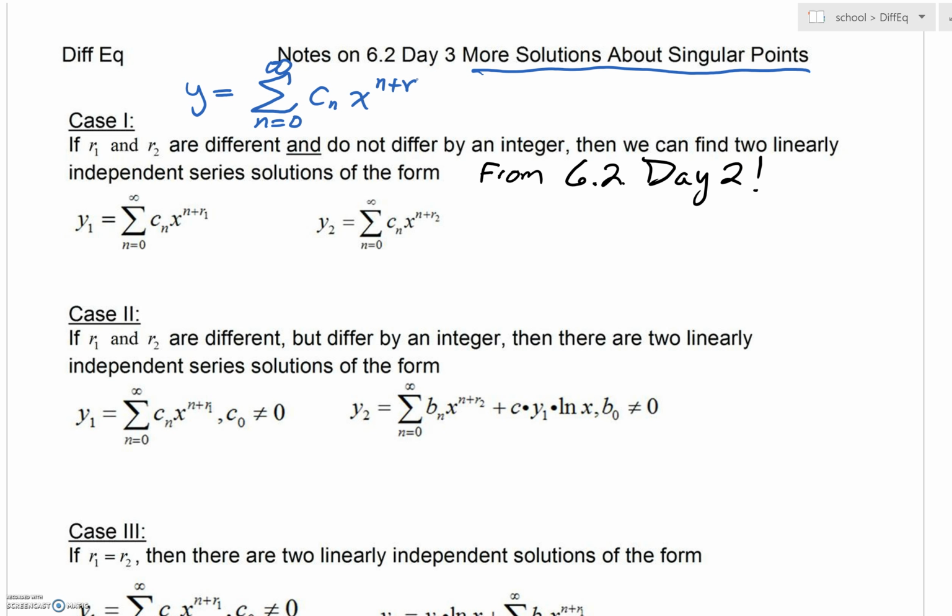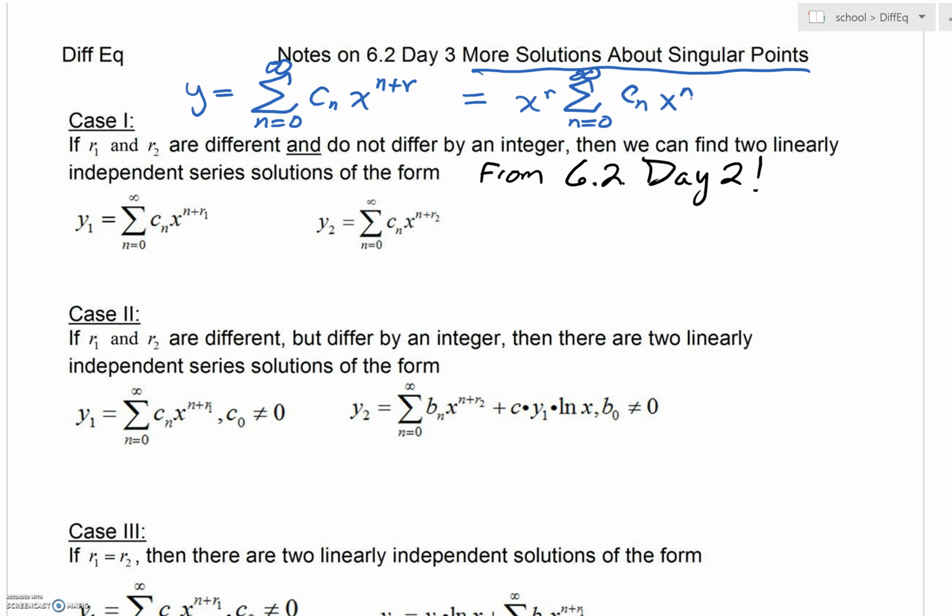And the r's really did come into play, and we said that you could even factor that constant x to the r out. That is something we should do at the end.